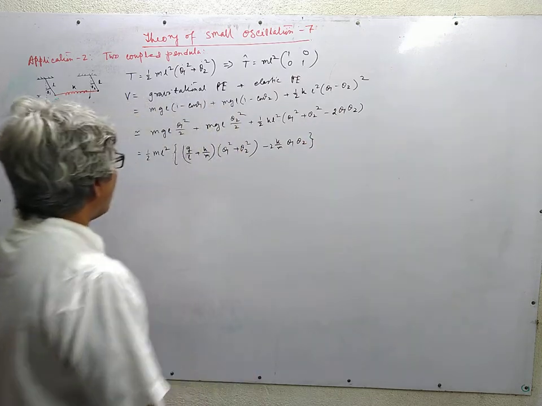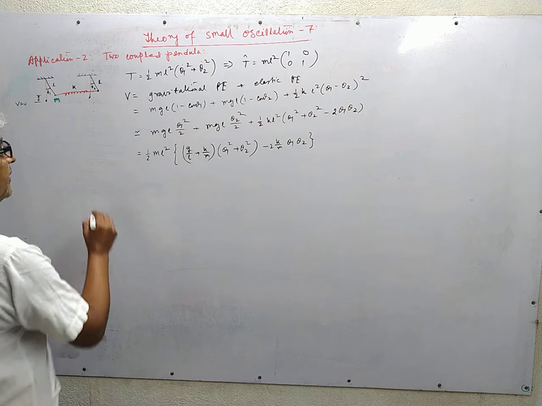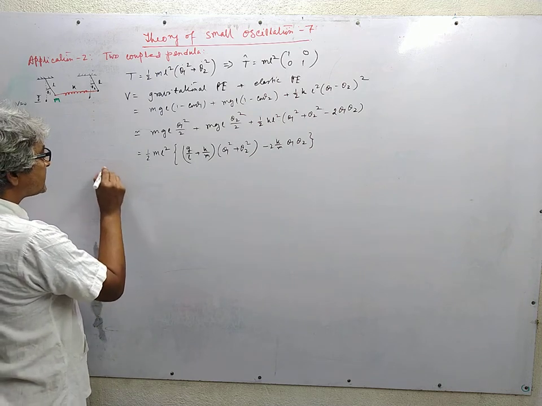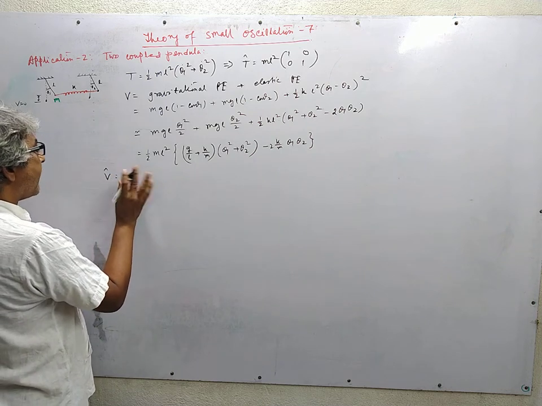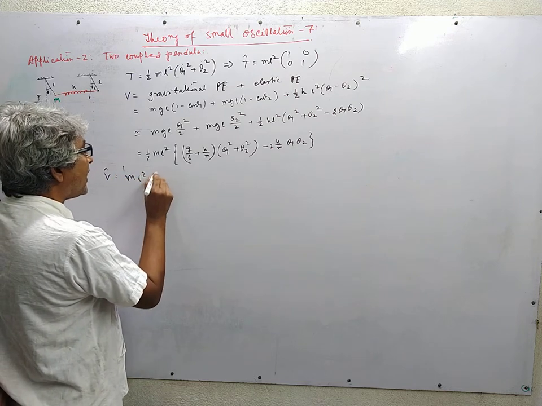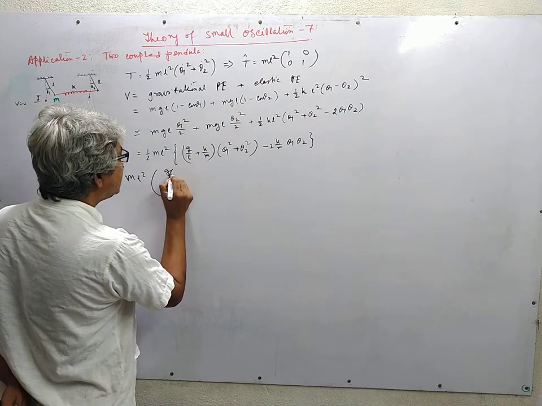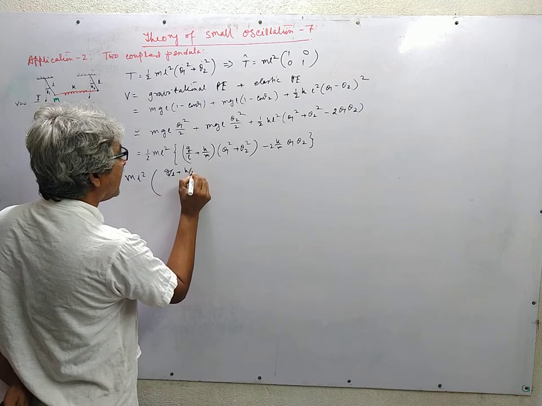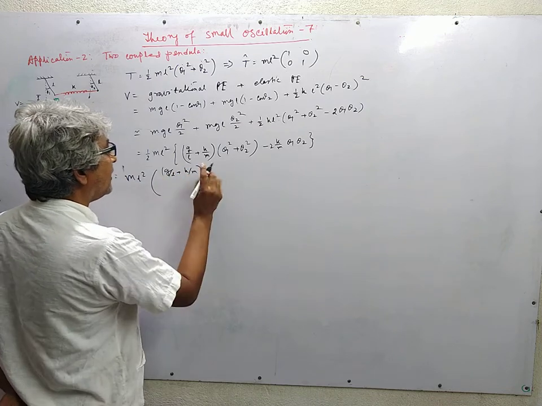So if we go for the matrix for V, the half part is not there, so this is m L square times g by L plus k by m in one term.